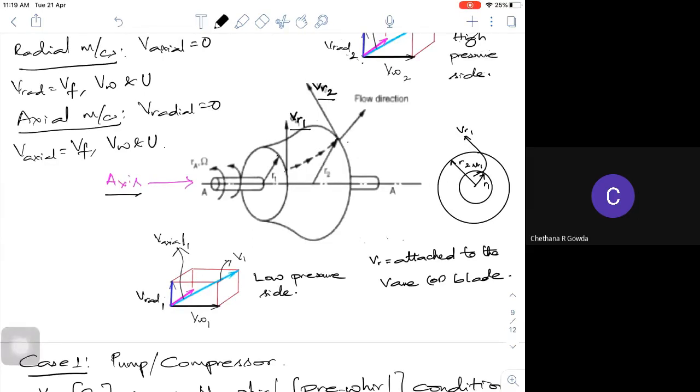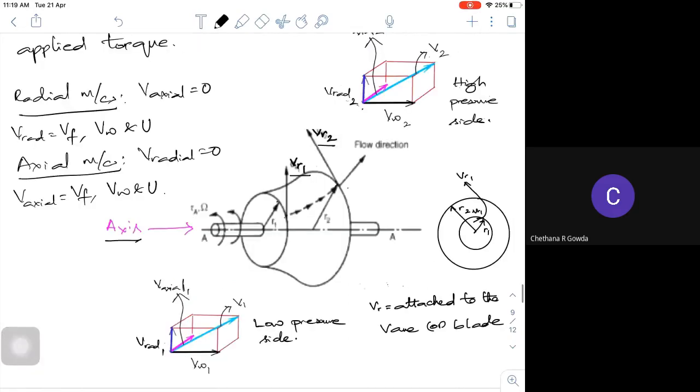Before that, if you look at this, I have the hub, which is my R1, and I have the tip, which is radius R2, and these VR are the relative velocities. We call that kind of flow attached flow, or vane congruent flow.